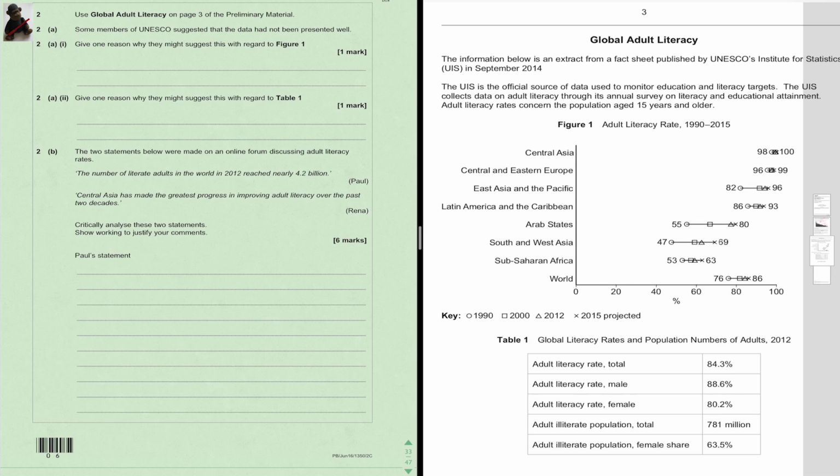Okay, in figure 1, the shapes seem to be overlapping and they're too close together.